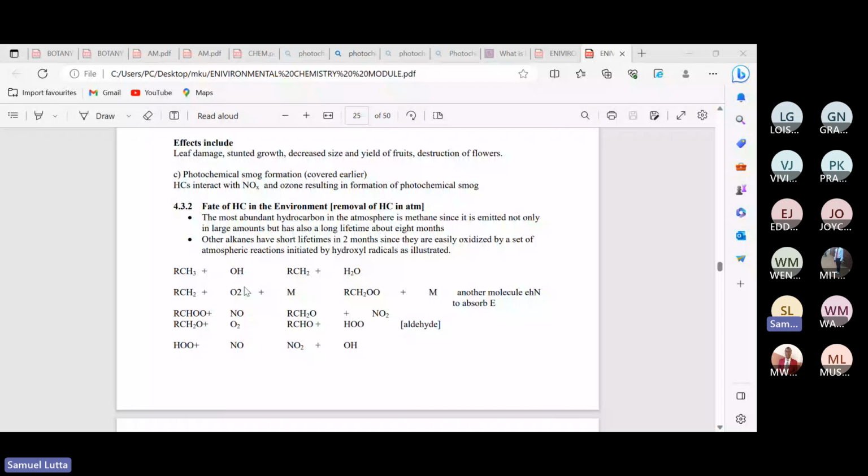So this environmental chemistry is a bit general. It's not like the others. Some of the things we can answer by applying general knowledge. There are things we may need to go off a bit, like when you are trying to explain the gases, the formation of metals, how do they cause pollution?